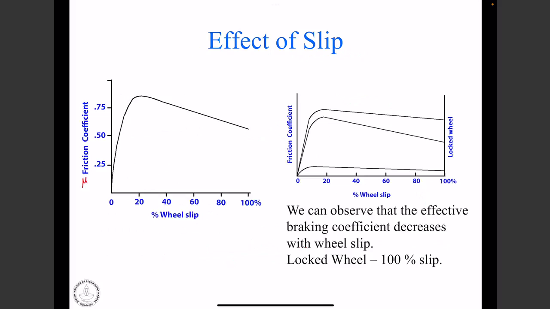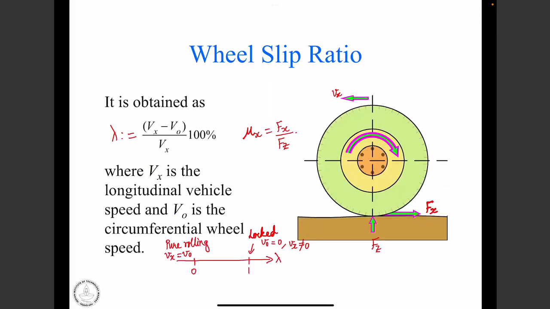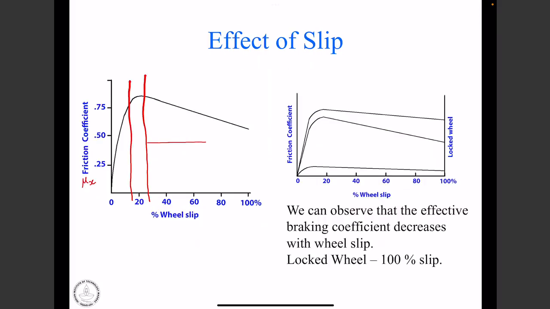We can see that the curve reaches a maximum in the initial part of the slip ratio region, maybe around 15 to 20% slip. And then it falls off beyond this, and this is where we reach 100% slip.